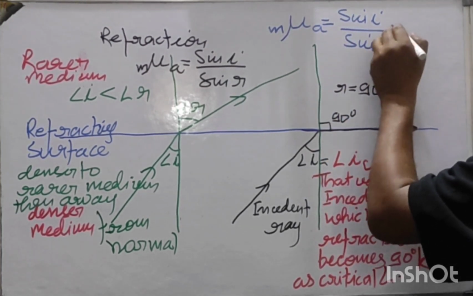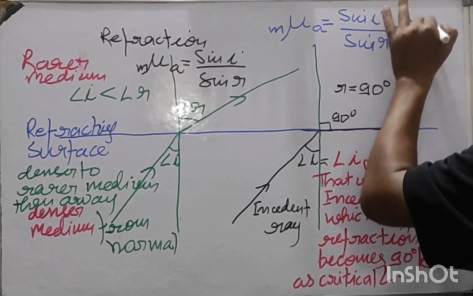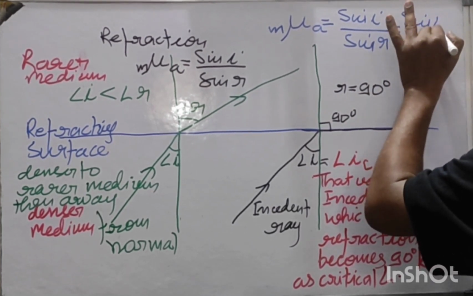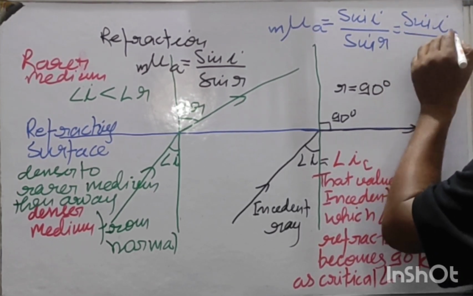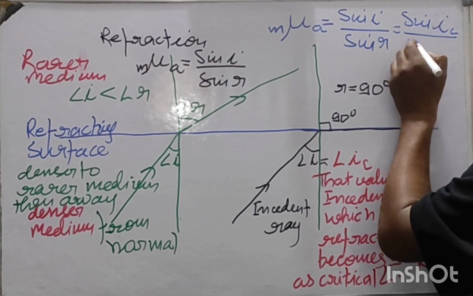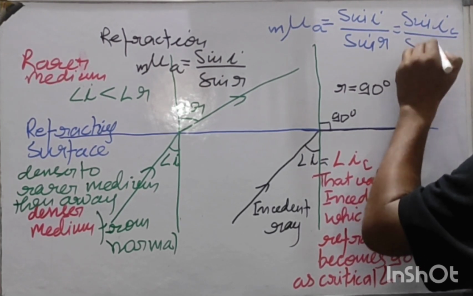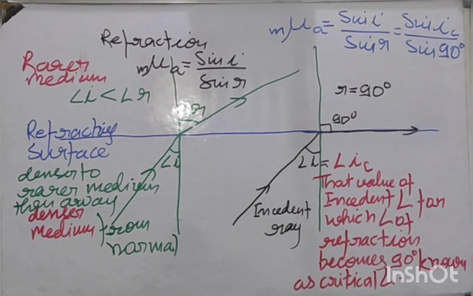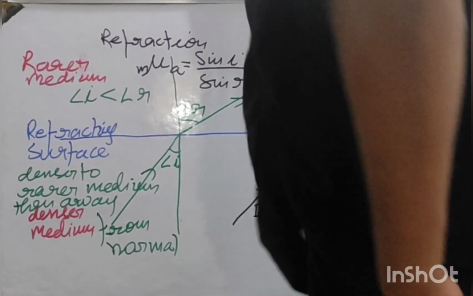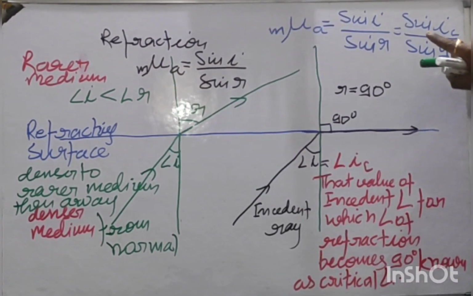And when I is the critical angle, then R is 90 degree.